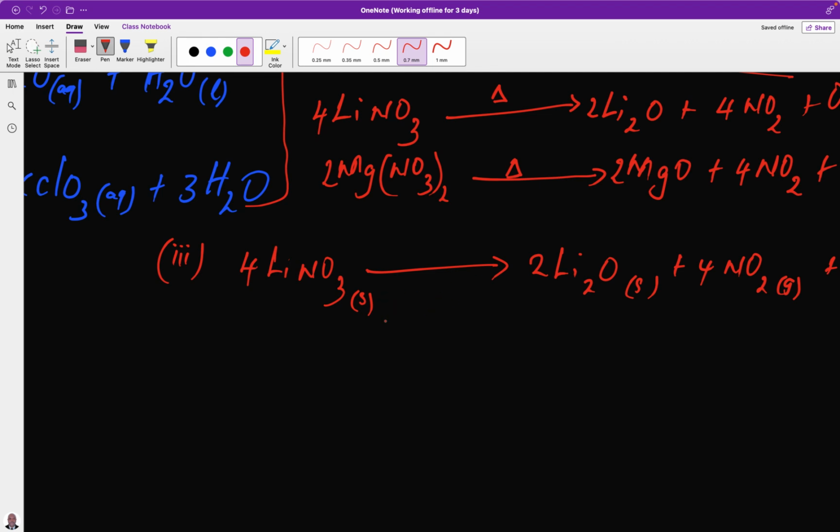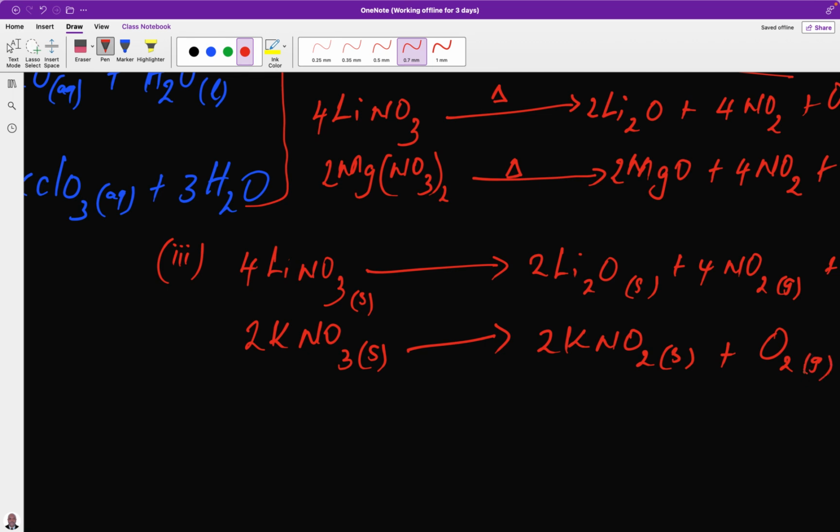Now the nitrate of potassium. The nitrate of potassium will have 2 potassium nitrate. It is also a solid that will decompose when heated to give 2 potassium nitrite, which is a solid, plus oxygen, which is a gas.